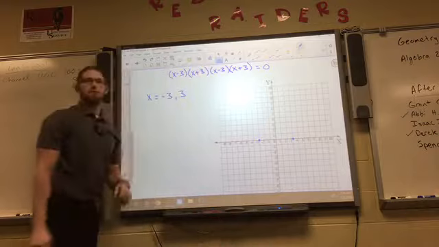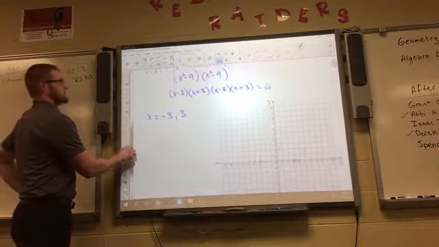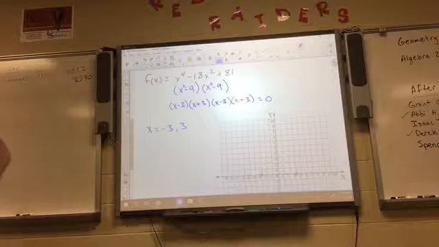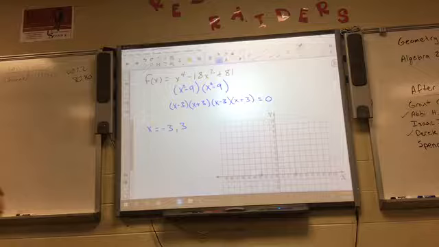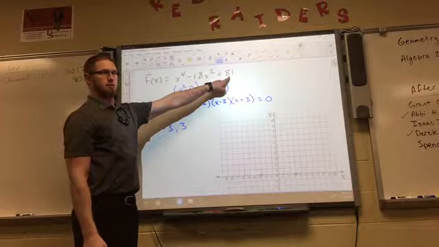Because I know my graph touches those 2 points, right? Okay. See if anybody can tell me this. What other point do I know for a fact it touches based on the original equation? 81. 81 where? On the y-axis. Remember that last number, your c, is your y-intercept every single time.